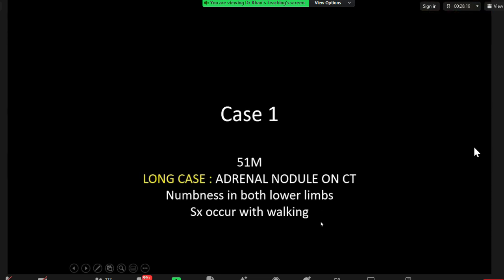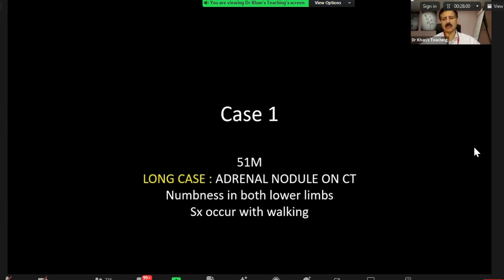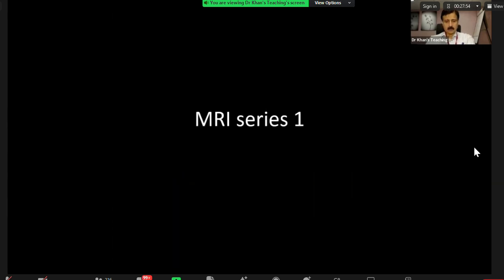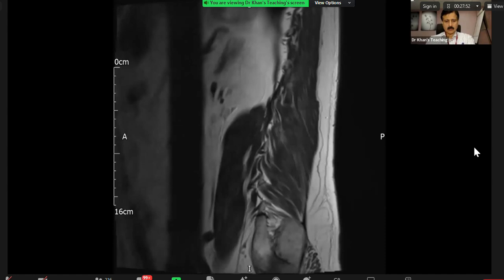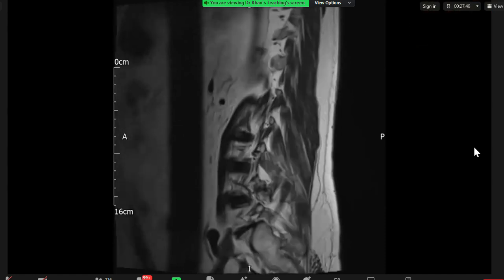With that, the examiner has given you this MR, and the clinical history is that the patient has numbness in both lower limbs that occurs with walking. The patient is having a lot of problems. Over to you. Okay, so I've got a sagittal MR T1.